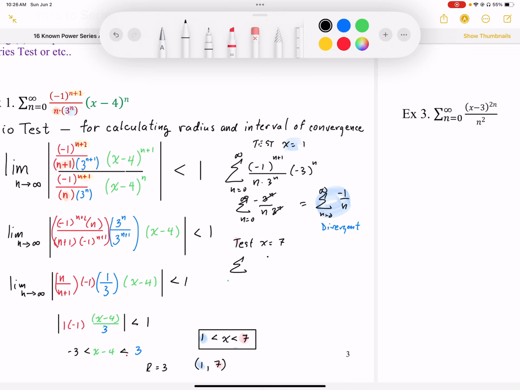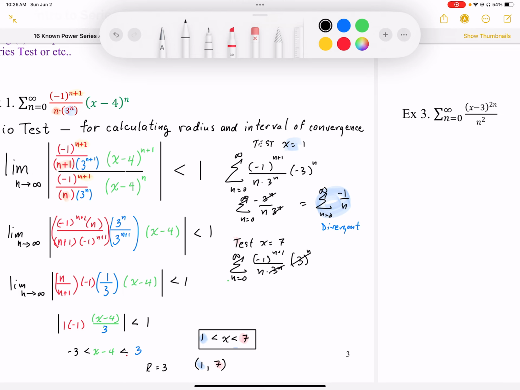So we're going to plug that into our series. Okay, so x equals 7, we end up with 7 minus 4 to the power n. And we have negative 1 to the power n plus 1. We're going to end up with n times 3 to the n. And 7 minus 4 to the power n is going to be 3 to the power n. Again, these are going to cancel out.